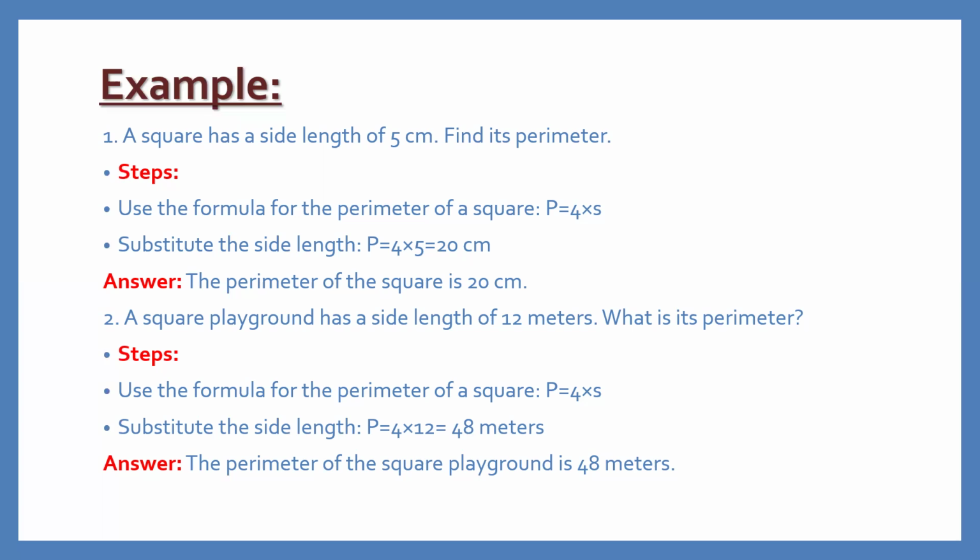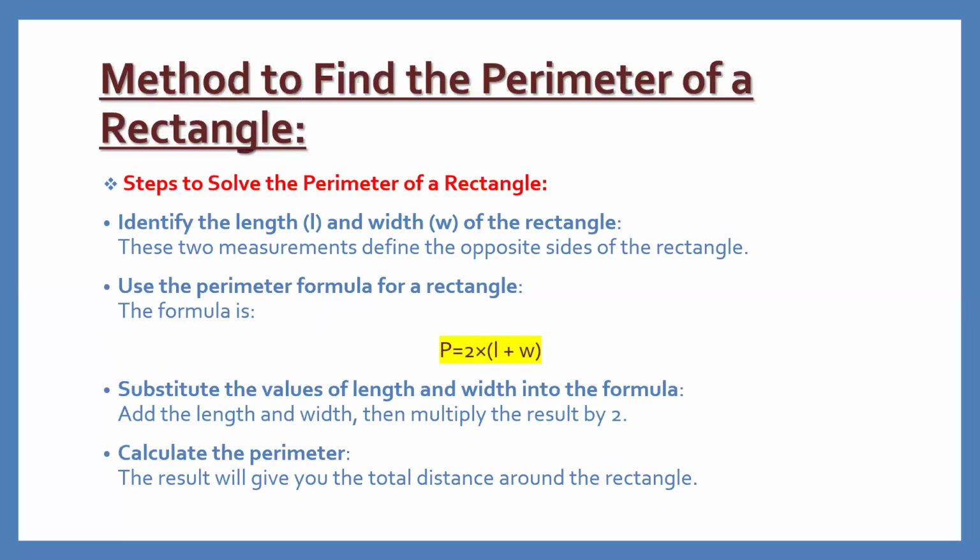So just a recap, what is the perimeter of a square? Correct. The perimeter of a square is P equals 4 multiplied by side, or S. Then comes the method to find the perimeter of a rectangle. Here are the steps to solve the perimeter of a rectangle. Same as before, we identify the length and width of the rectangle.